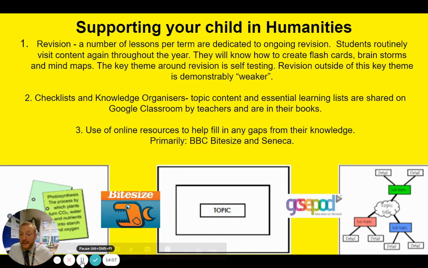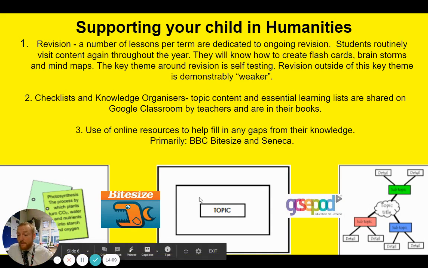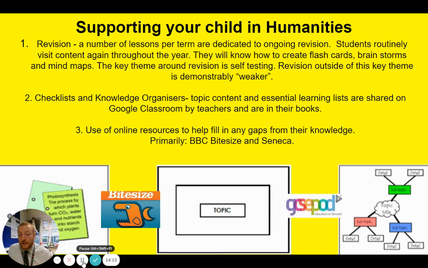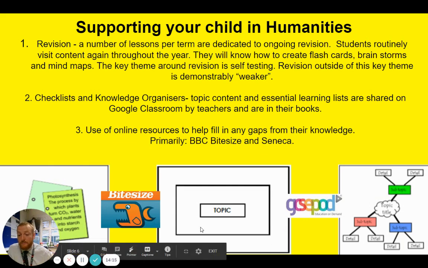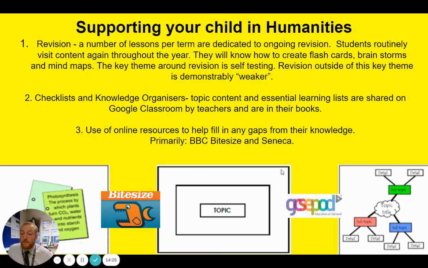Once they've remembered as much as they can from their memories, then students can use their exercise books, students can use BBC Bitesize, Seneca, to go in and add additional information into the outer box. By doing this, students will be able to bolt on and add the new information they didn't know before they started revision to the existing information because they've activated their previous learning.